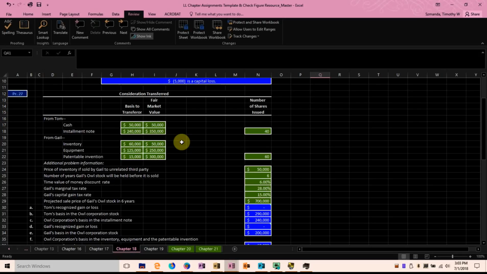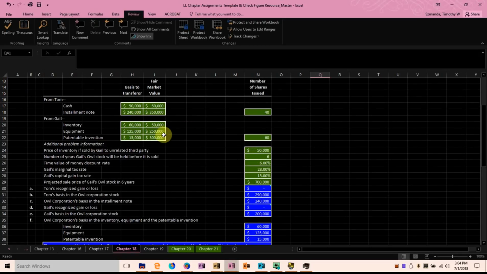And the data is given regarding the assets that are contributed both by Tom and by Gail. And we give the basis to each transferor, as well as the fair market value and the number of shares issued, which represents their percentage interest in the corporation.